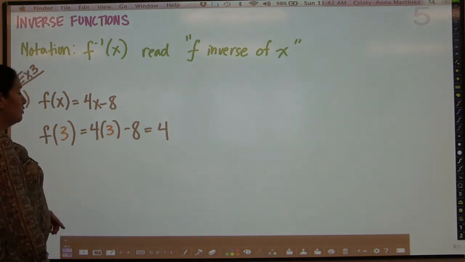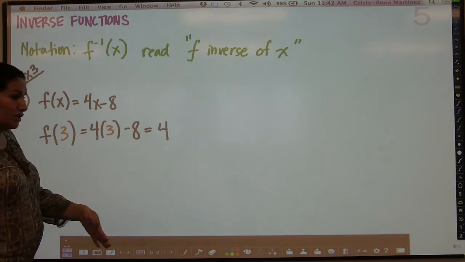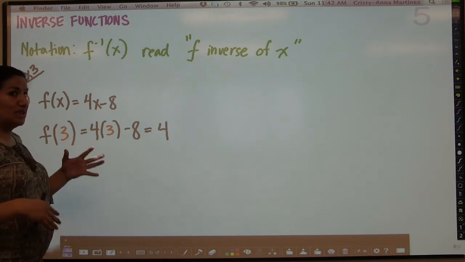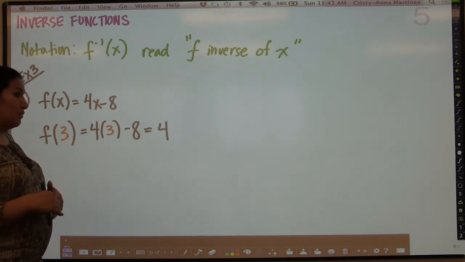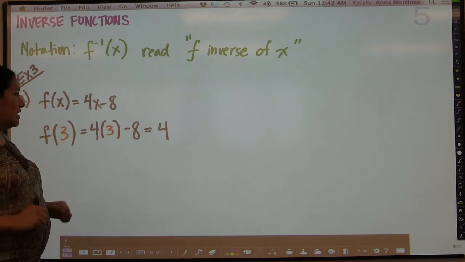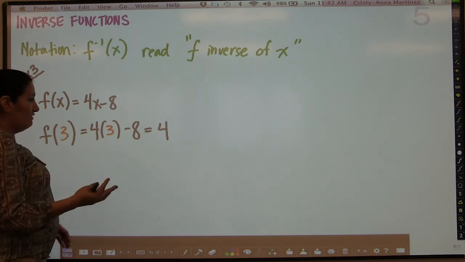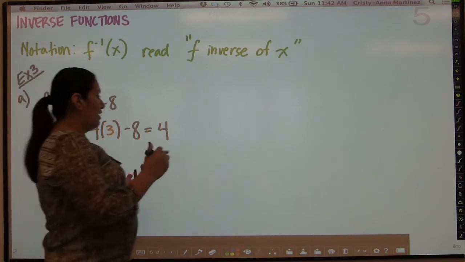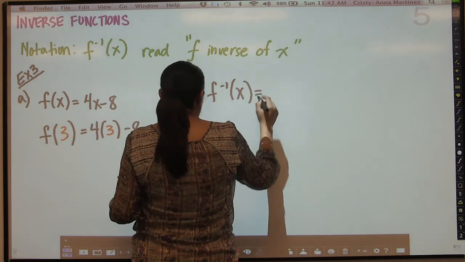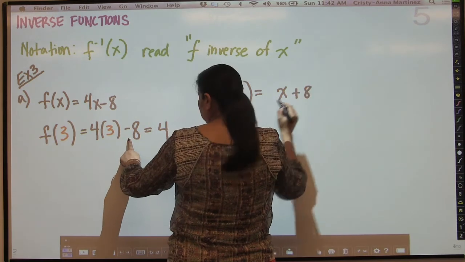Okay? And so now what I want the inverse function to do is undo all the things that the original function did, so that I get back to my 3. What if I made a mistake and I want my 3 back? So how do I get it back? I have to go backwards. So since the last thing I did was subtract 8, I could probably find a function that would take my x value and add 8 to it because I subtracted 8 from it.